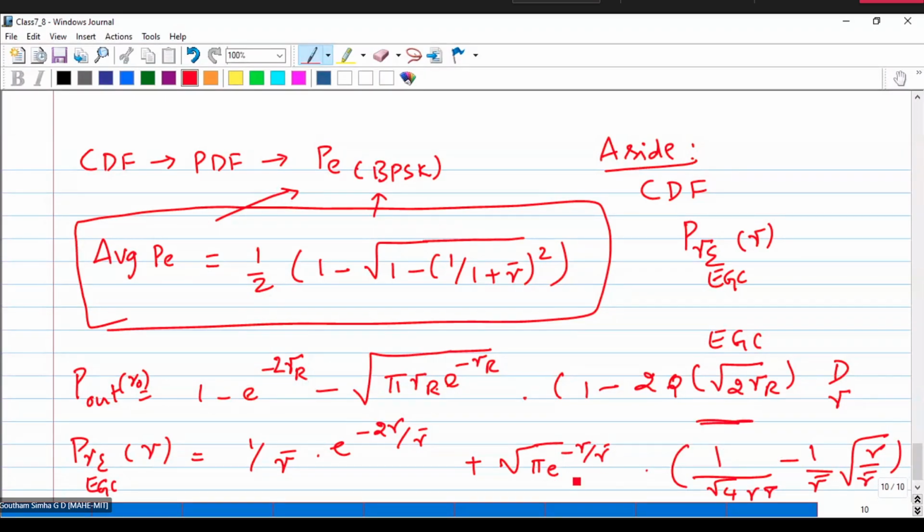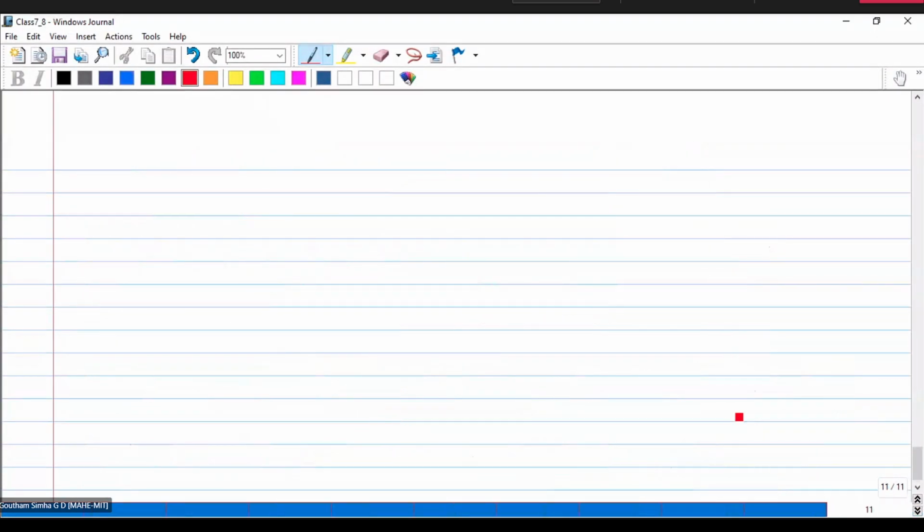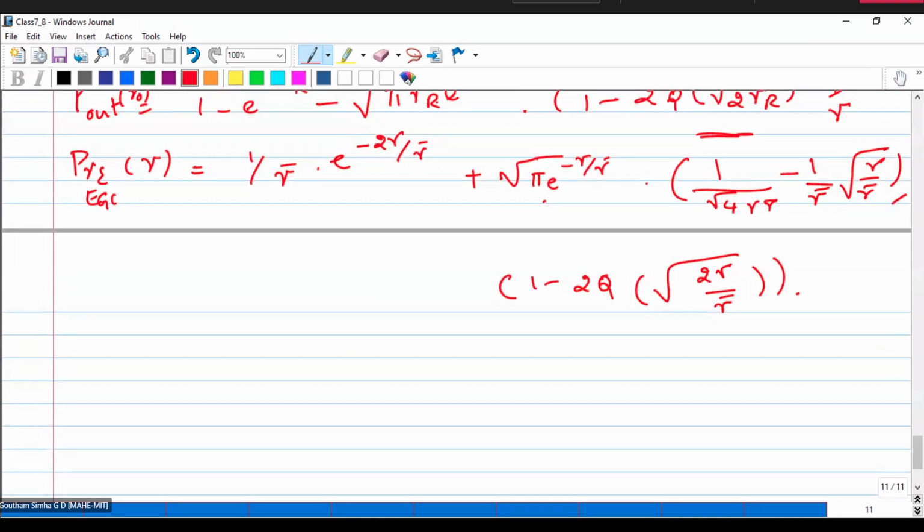This term will remain the same, that is, into 1 minus 2Q of square root of 2 gamma by gamma bar. It's not so easy.